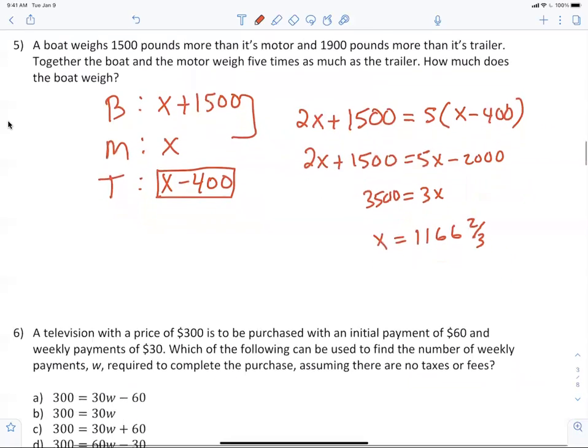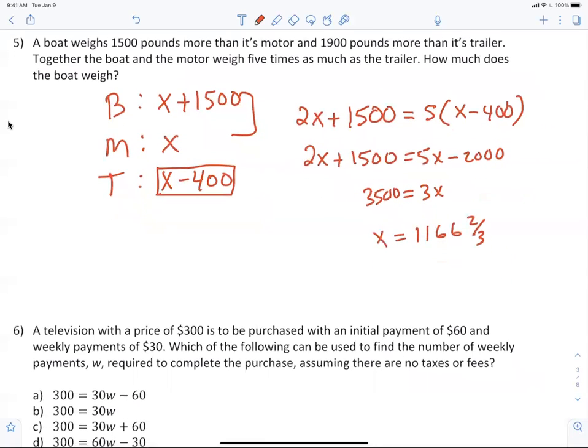And if you want, you can just do math, enter, and it will be 3,500 over 3 pounds. But that's the motor, right? So now I have to add 1,500 to find the boat.